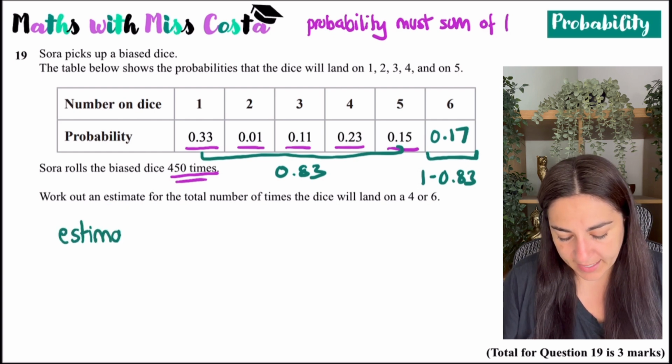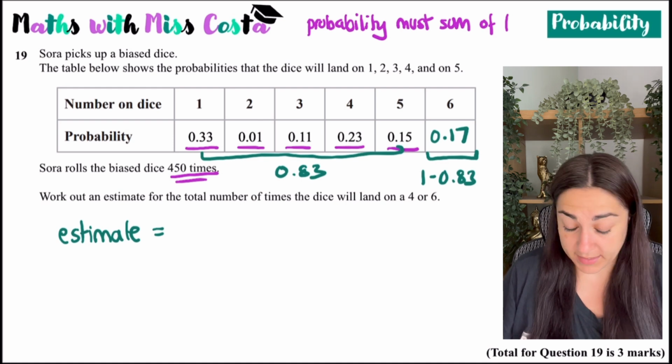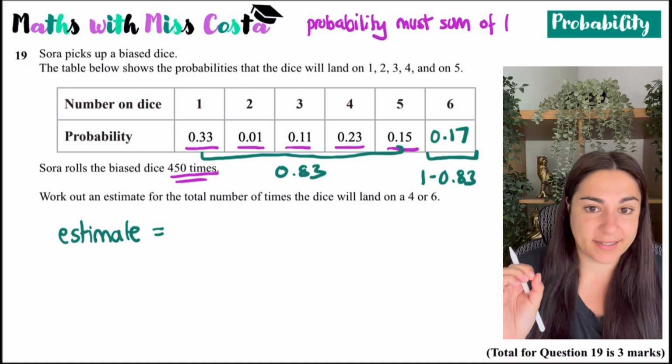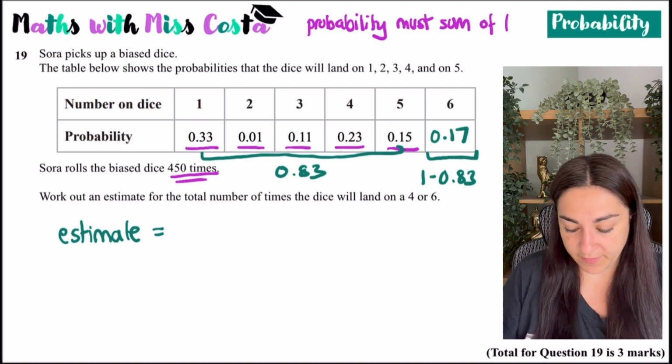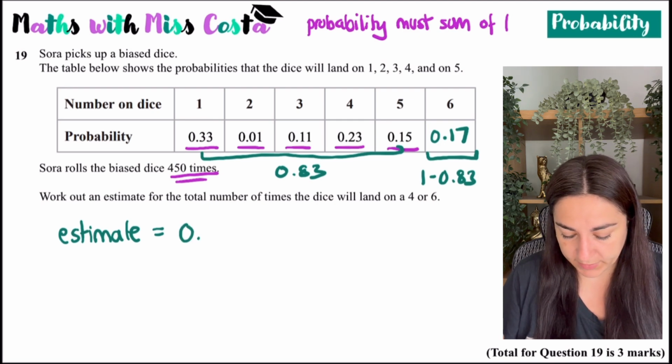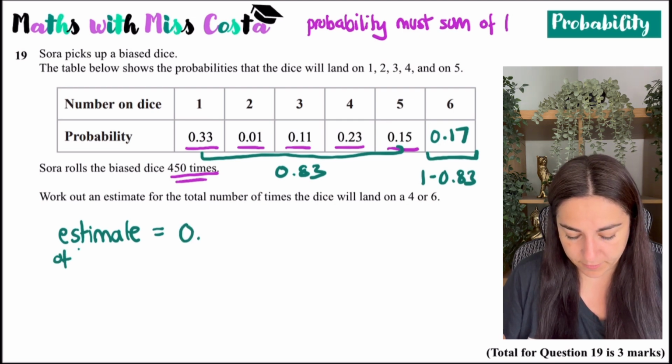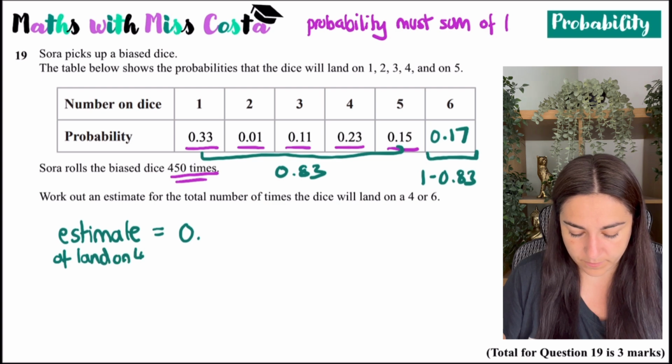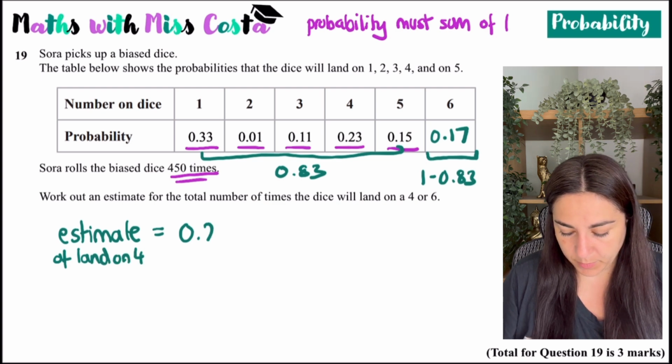To work out an estimate of a probability, also called relative frequency, I write down the probability of that event happening. So the estimate of it landing on a 4: the probability of it landing on a 4 is 0.23.